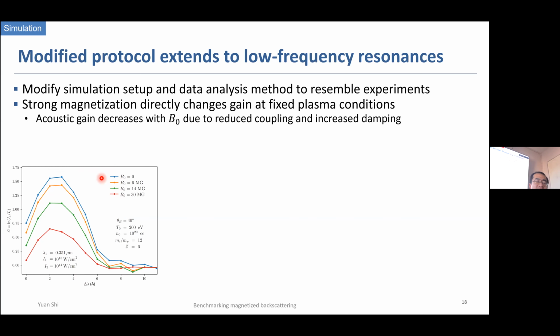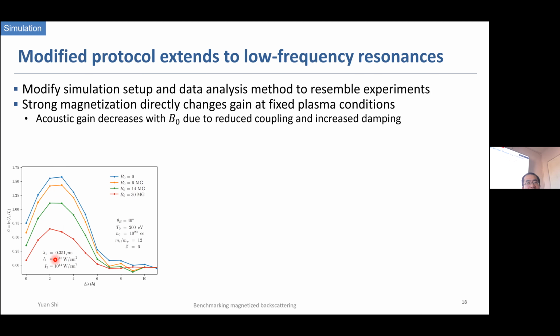As you ramp up the magnetic field, keeping the temperature, density, and everything else the same, you'll see the acoustic peak is reduced in height, but the central location of it is slightly shifted to the left. Once you magnetize, you no longer just have pressure compression. Now you also compress the magnetic field, right?